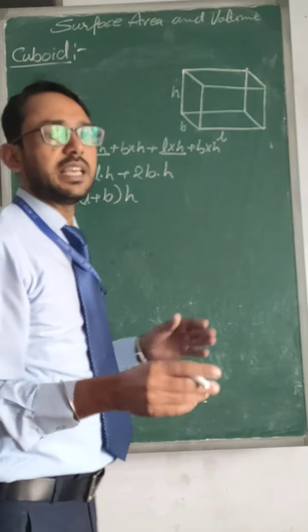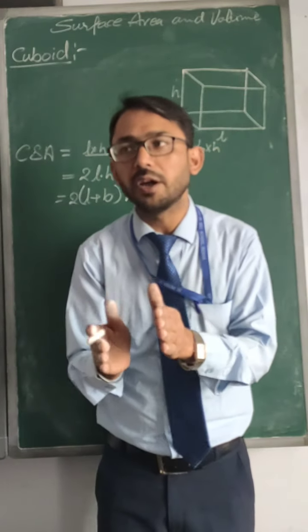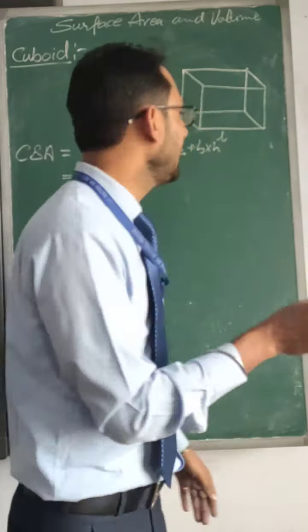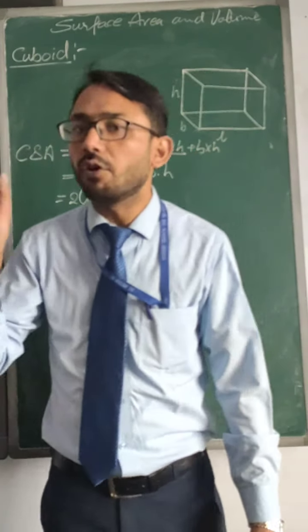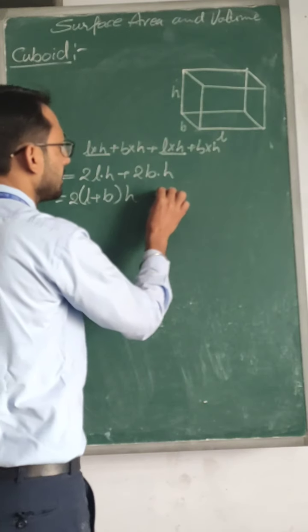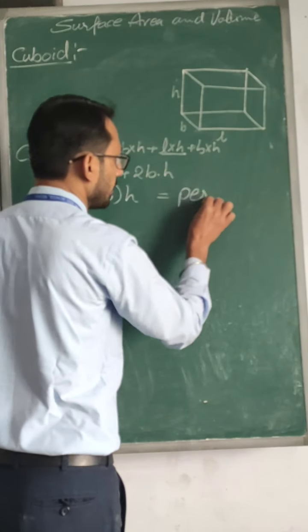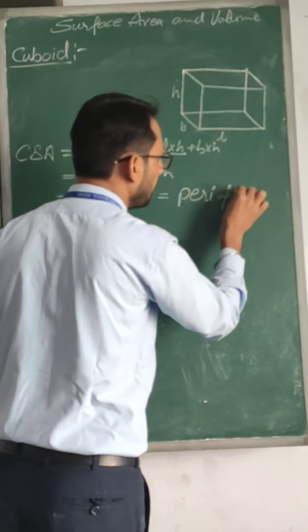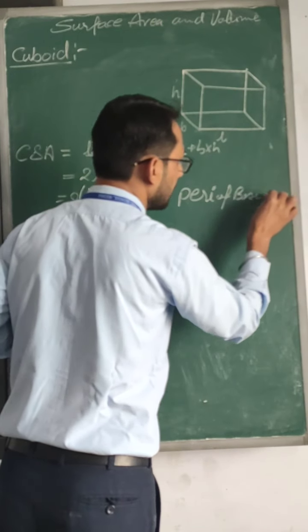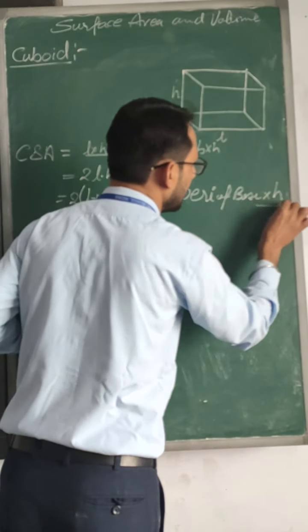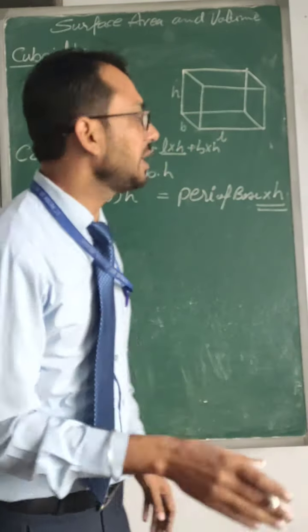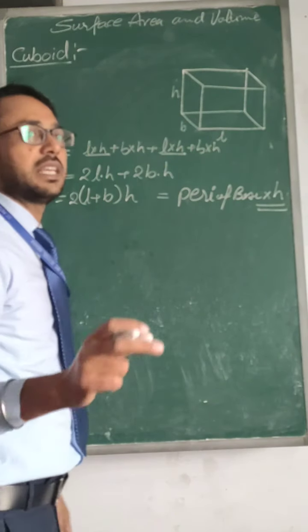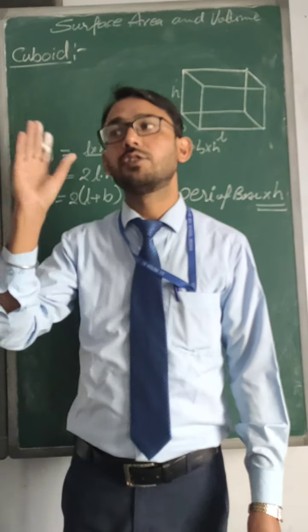So the curved surface area of a cuboid is 2(L plus B) into height H. I could also say it as perimeter of base into height H. Perimeter of base into height H will be the curved surface area of a cuboid.